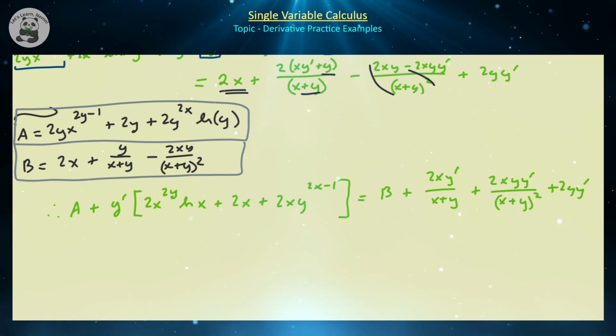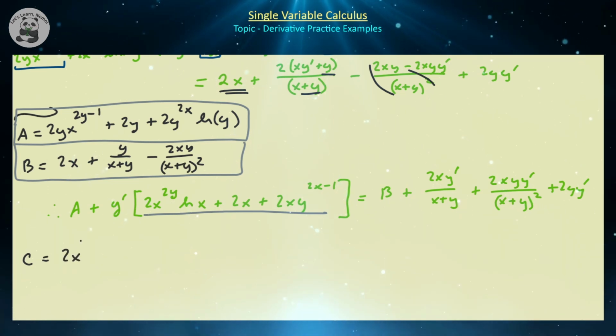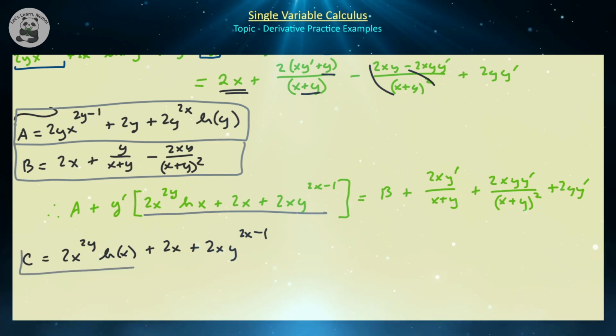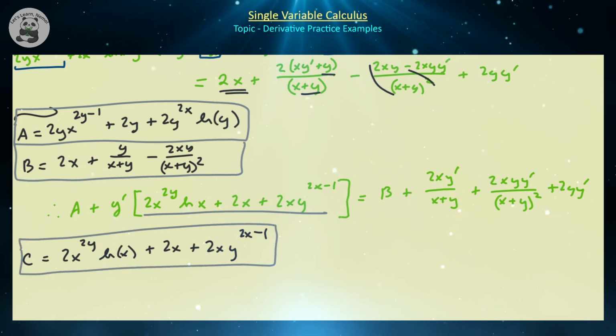Okay, so the next thing I don't want to deal with is this thing, so I'm just going to call that c. So c is going to be equal to 2x to the 2y, natural log of x, plus 2x plus 2xy to the 2x minus 1. So that's going to make that a lot simpler.